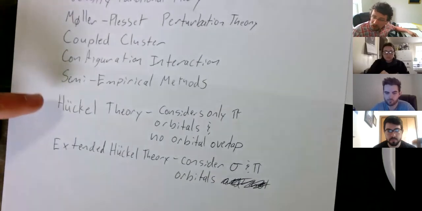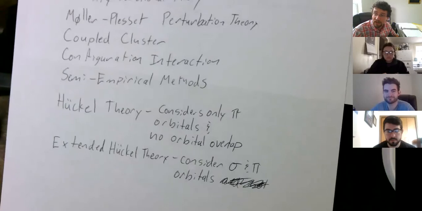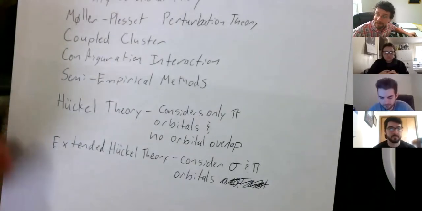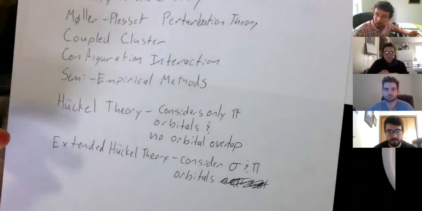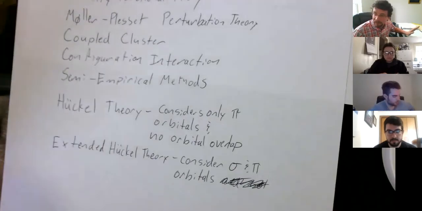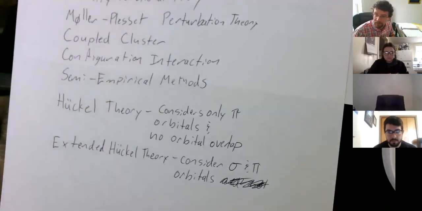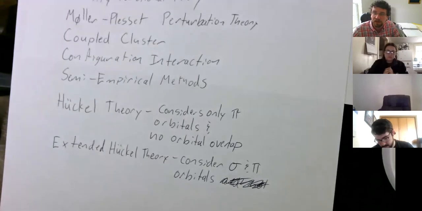These guys we can actually do by hand, and that's what we're going to do next time. And the kind of crazy thing is this is still routinely used. It comes up with a simplified picture of bonding, and it can help you think about bonding in very easy and simple terms. So that's what we're going to talk about next time. Are there any questions about anything we've discussed today?